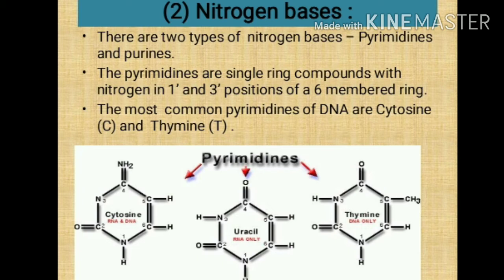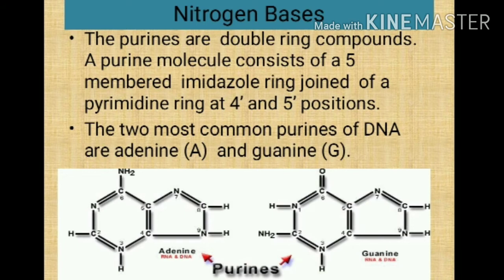Whereas in RNA, uracil is present instead of thymine. Cytosine and uracil are the pyrimidines in RNA, whereas in DNA they are cytosine and thymine. Purines are double ring nitrogen bases.